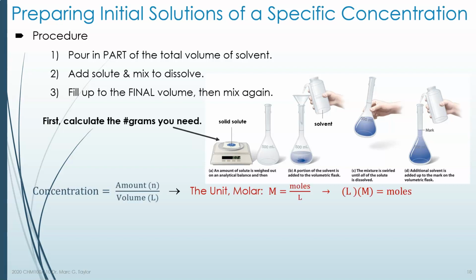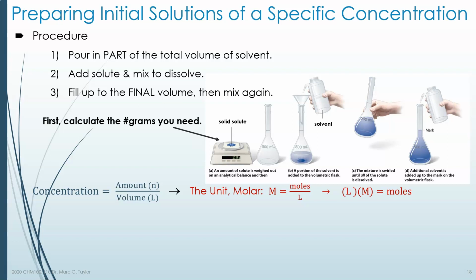So our concentration, especially when we're dealing with molar concentration, is going to be equal to the amount of material we have, in this case in moles, divided by the liters of solution. So concentration is equal to our moles, our number of moles, which we abbreviate n, divided by our volume, which will be in liters.